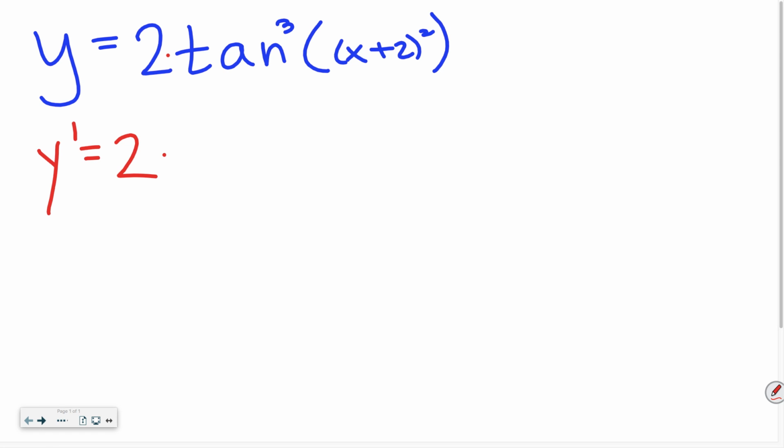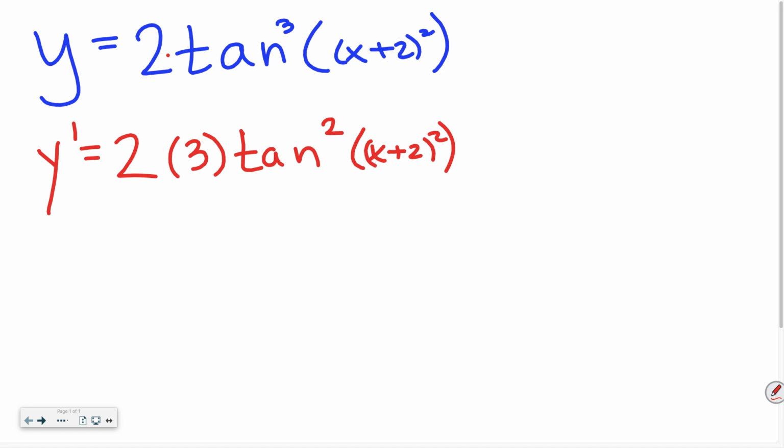All right. So we need to take a derivative of blah blah blah cubed. So we would multiply by the 3, change the power to 2, and then keep everything else the same. Well, now what is inside the cubic function? Tangent.